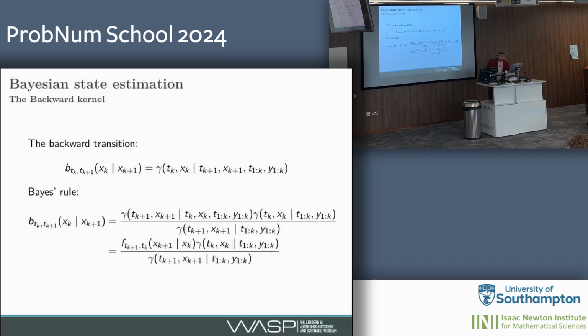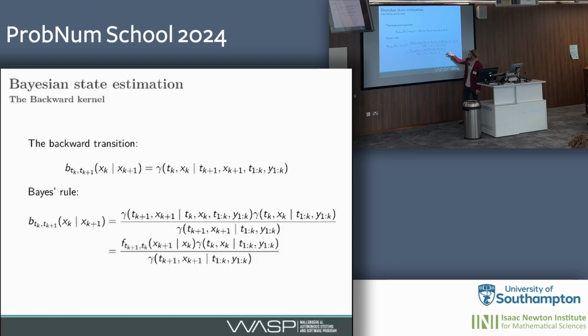And so I'm going to call this the backward transition density B, and then I'm going to use Bayes' rule to get a more suitable expression for it, keeping in mind this conditional independence assumption.